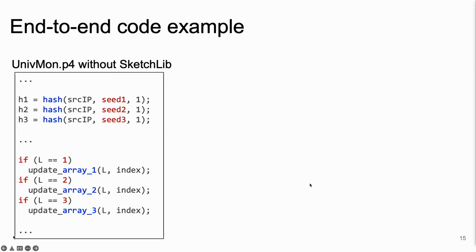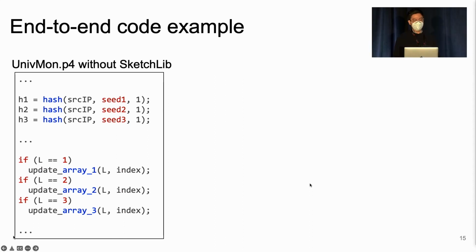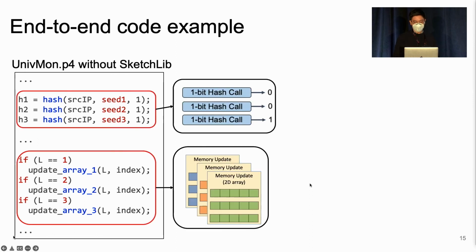Then we'll take a look at an end-to-end code example to see how we can use the SketchLib API. You have this example of UnivMon P4 code. And what you can notice here, as we saw in the previous slide, is the inefficiency of many hash calls, and also the inefficiency of SALU allocation.